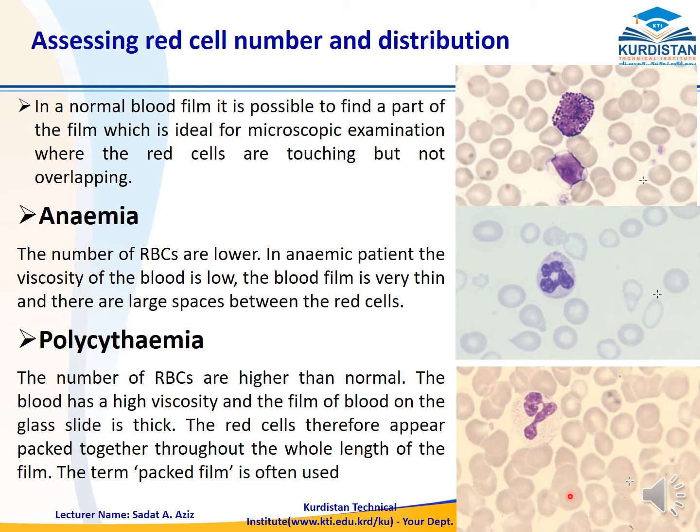If you have a look, the cells are overcrowded and packed together, and it would be difficult to find an ideal place to see the normal distribution, shape and morphology of the cells. That's why it is called polycythemia. It means the number of red blood cells is too high, or they are packed together.